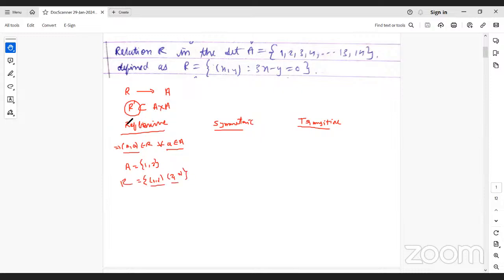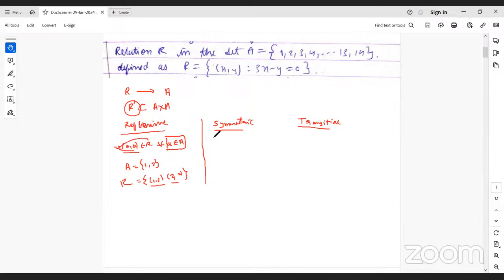If three elements are there, then the ordered pairs of the form (a, a) must be present for each. Then it is said to be a reflexive relation. Every element must be present in the relation.